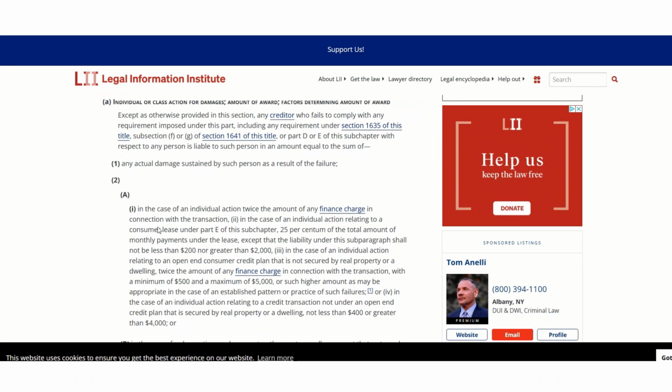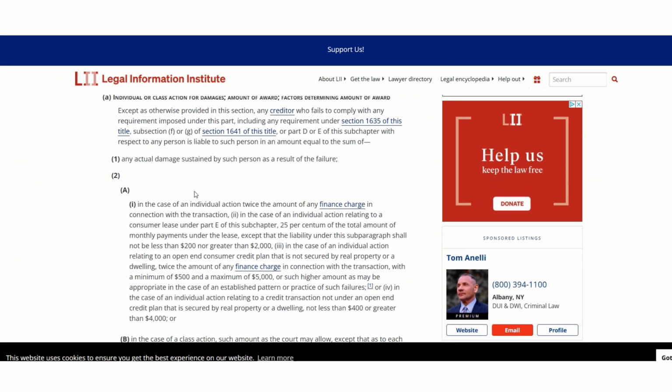And then two, in cases of an individual action, twice the amount of any finance charge in connection with the transaction. So that's crazy. Twice the amount of the finance charge.